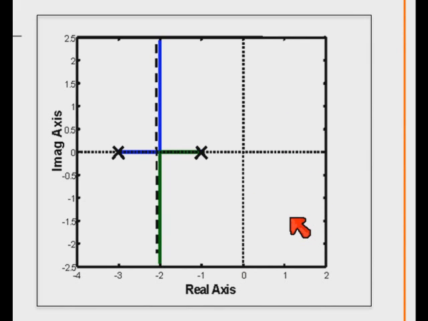They would have positive real parts. This green represents a possible closed loop path which will always have negative real parts. The same is for the blue. So what we can say is the closed loop system is always stable. The closed loop poles always have negative real parts.